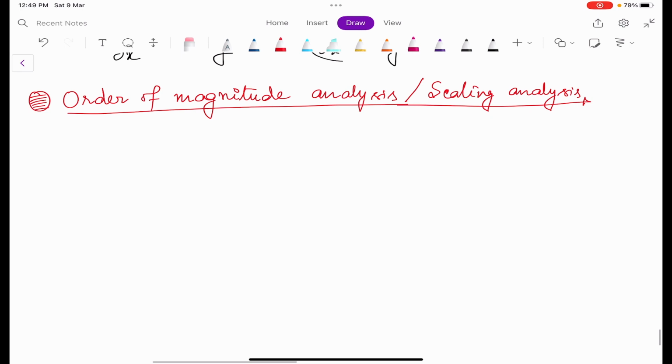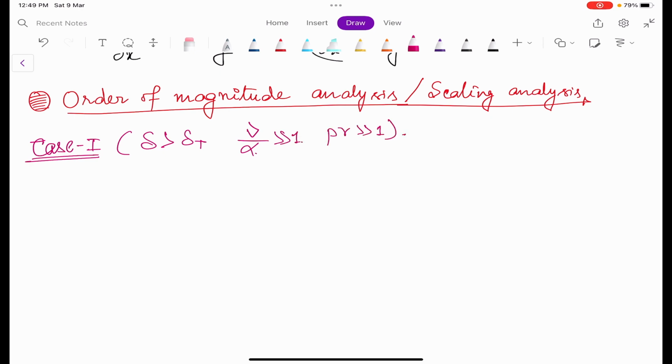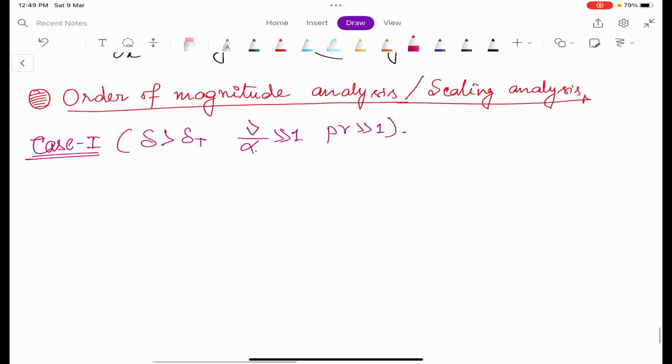So now see that I have told you that we can have two cases. Case 1, that is delta greater than delta t, and it can happen only when nu by alpha is greater than 1, that means Prandtl number is greater than 1. But let me consider first delta less than delta t, because that will be a bit simpler. So Prandtl number less than 1.